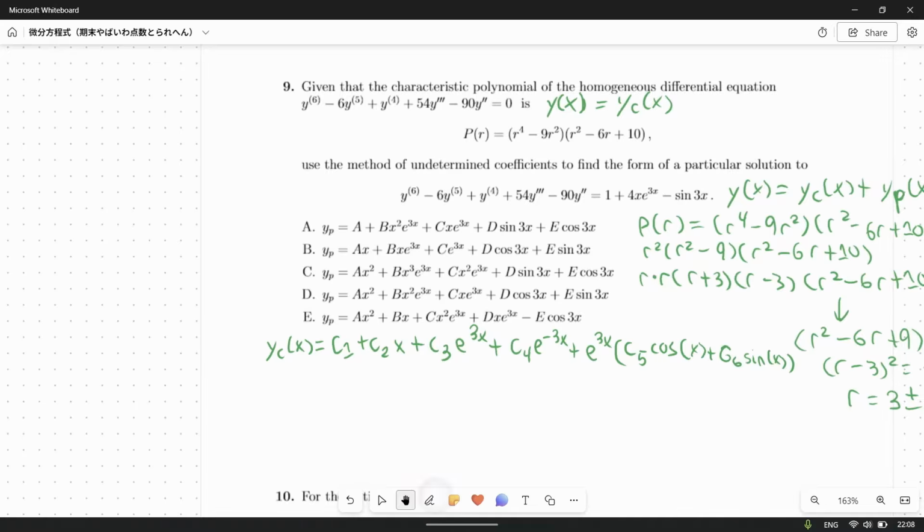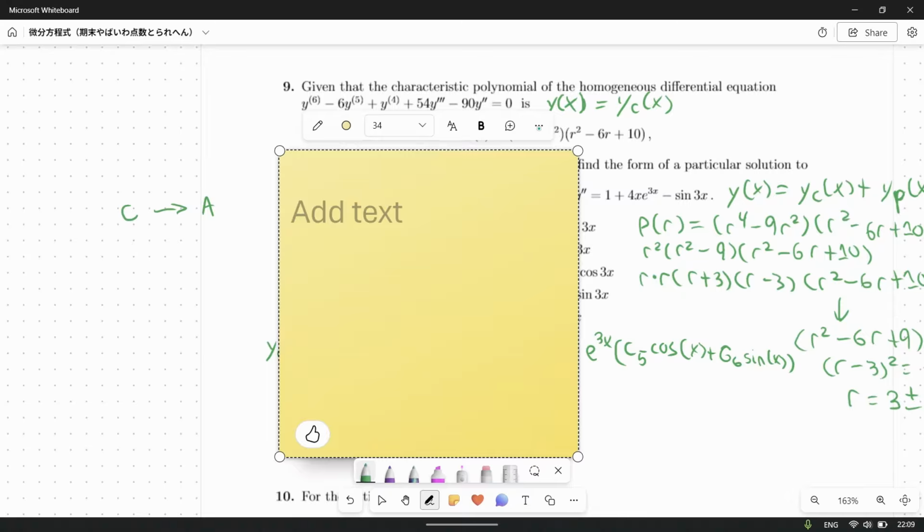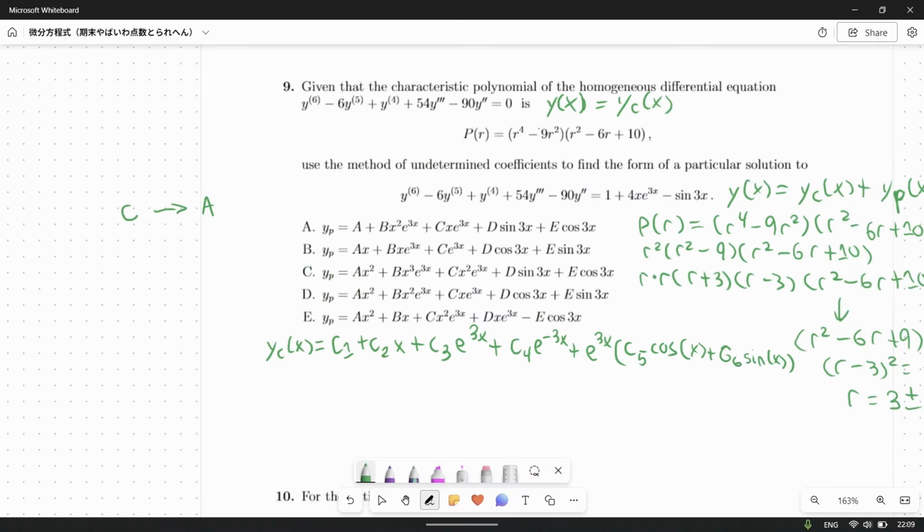So we know in the case of, if you see a constant term, so if you see just a c term, then your guess is just going to be a letter, so just A or something, A, B, whatever. And then if you see an e to the something, let's just say rx, then that's going to turn into a B times e to the rx. And then if you see an x attached to that, then it's going to turn into B e to the rx times x plus C e to the rx.